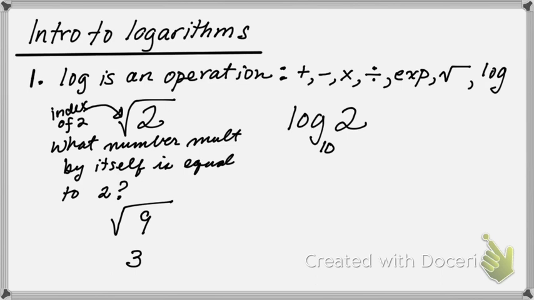And what I want to do here is just say that just like I understand what that radical symbol means, it means this: what number multiplied by itself is equal to 2? That operation has a meaning. It's the same with log. This log operation has a meaning.